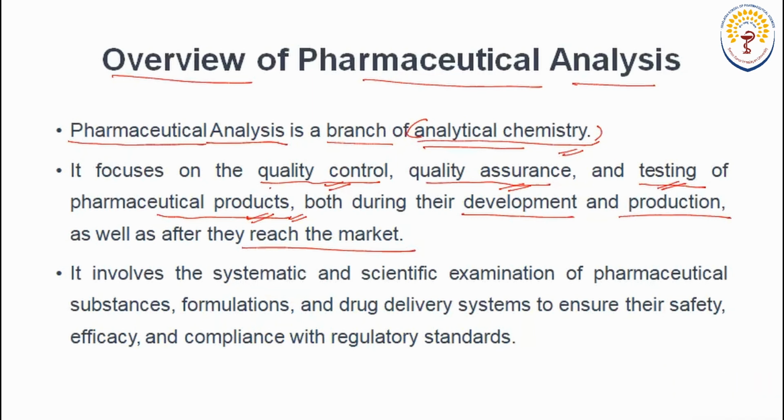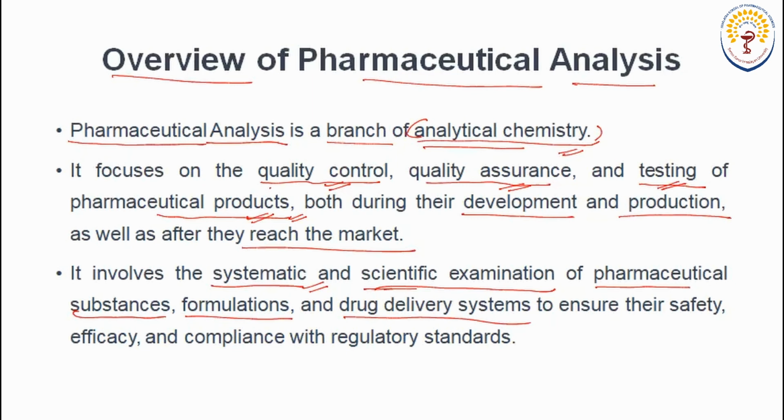Now, it also involves systematic and scientific examination. What we are doing in pharmaceutical analysis is systematically performing a method. The basis of the method will be purely scientific, and we would be testing pharmaceutical substances, pharmaceutical formulations, and different drug delivery systems. Why are we testing?